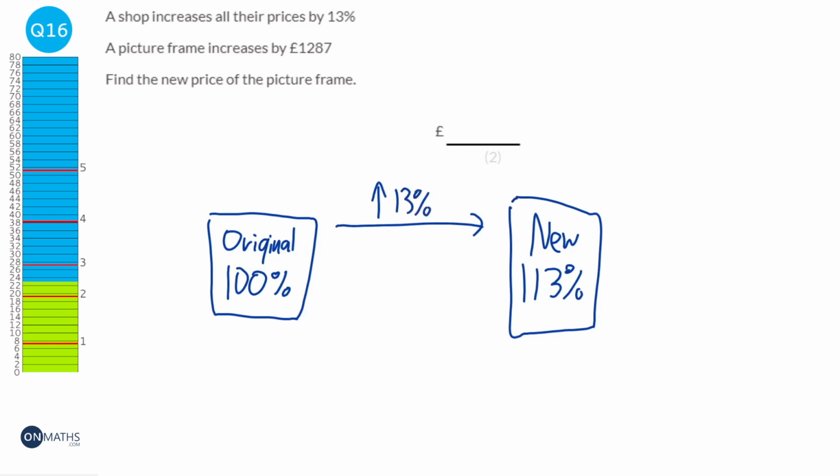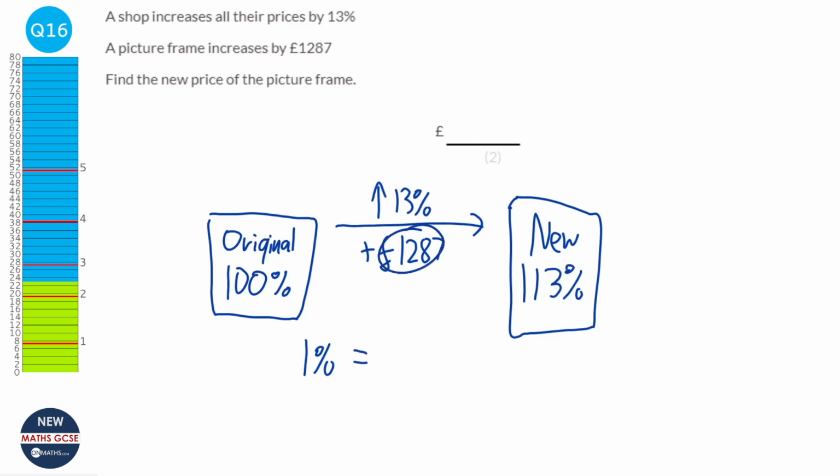And as a value, that increase is £1,287. So it's 13% of the original. It's gone up 13% of the original price. So what we're going to do is we're going to work out what 1% of the price increase is. Instead of 13%, we're going to work out what 1% is.